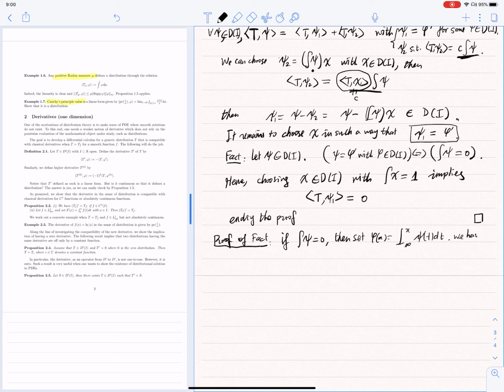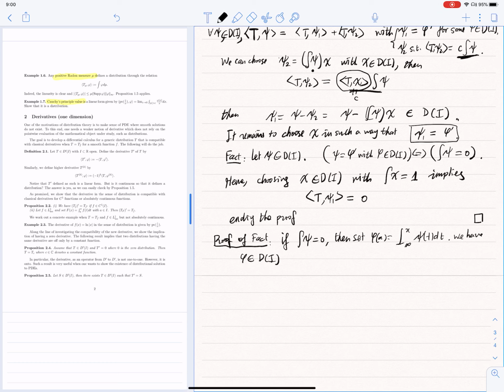We have phi is a test function because when x is super small, the domain of integration does not intersect the support of psi, so the value of phi is 0.